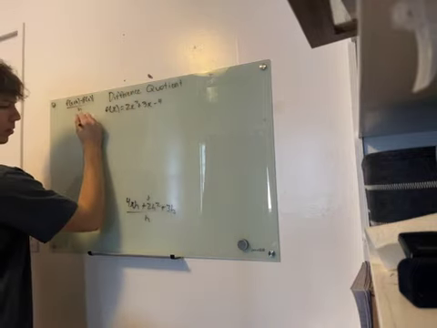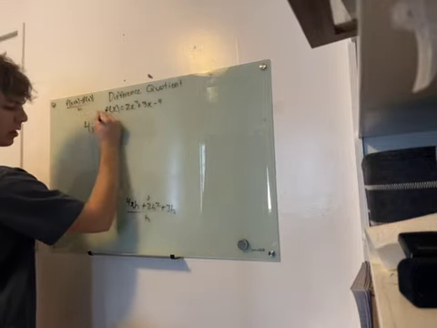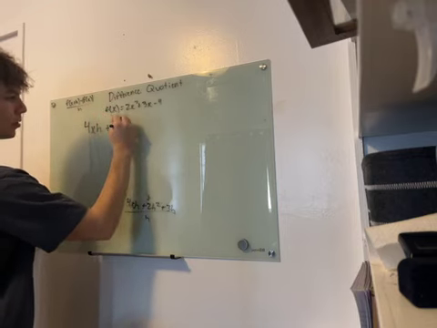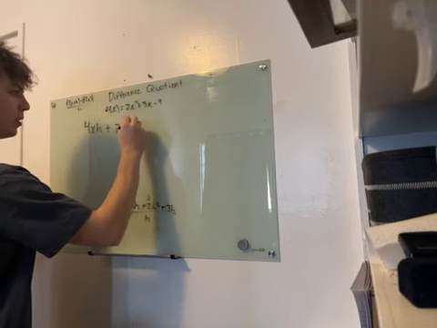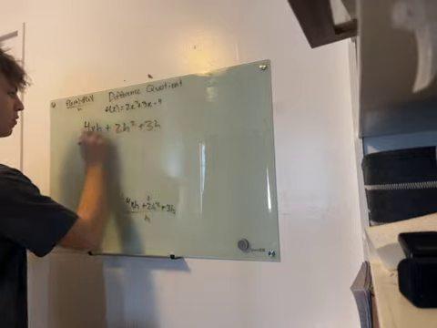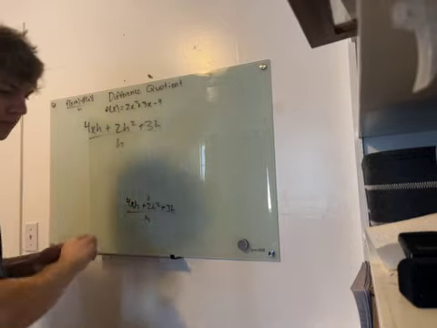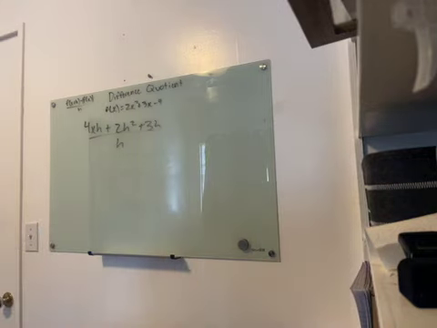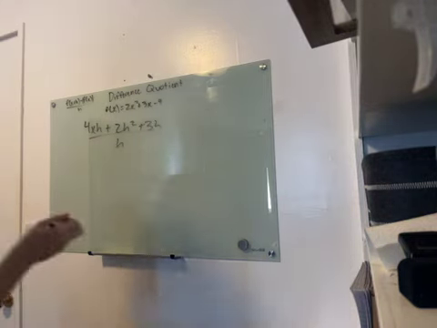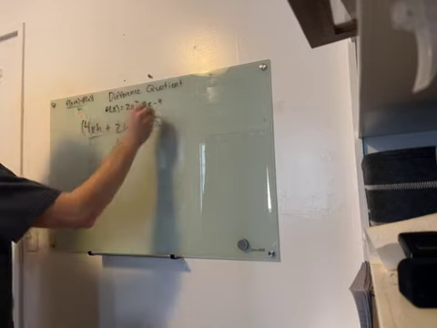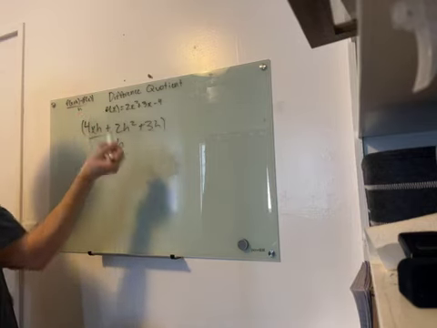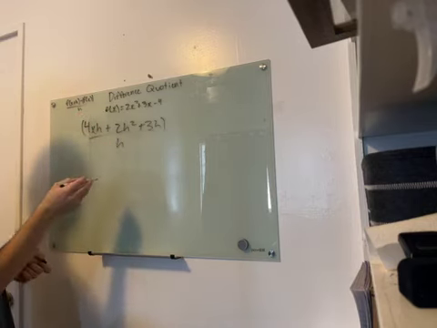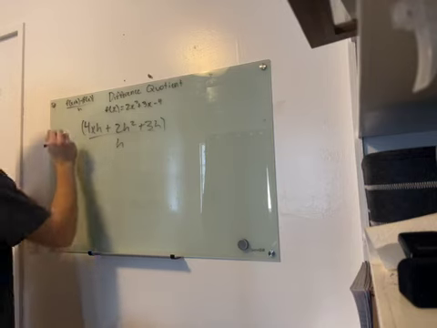So 4xh plus 2h squared plus 3h all over h. I'm going to make sure you guys can see that clearly. And now we're going to factor out an h, because then it'll be able to cancel out with the h on the denominator.